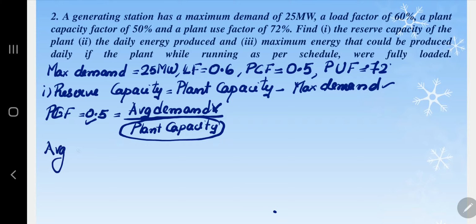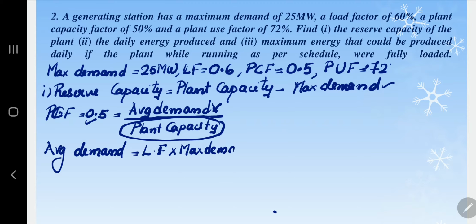So what is the equation for the average demand or the average load? The average demand can be found with the help of the load factor, because load factor is equal to average demand divided by the maximum demand.